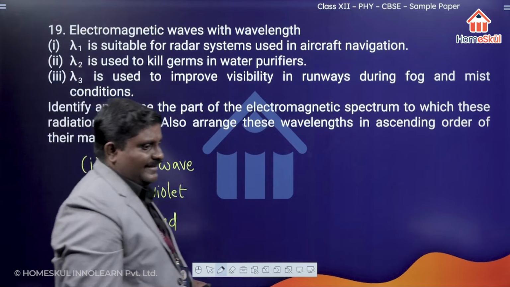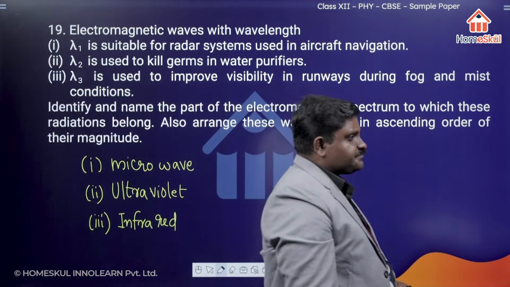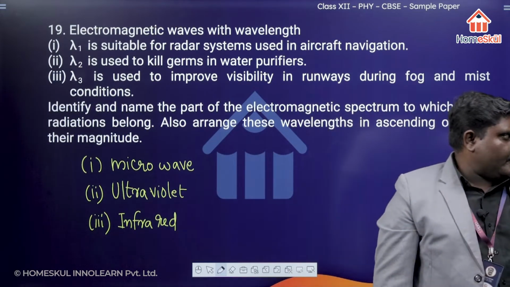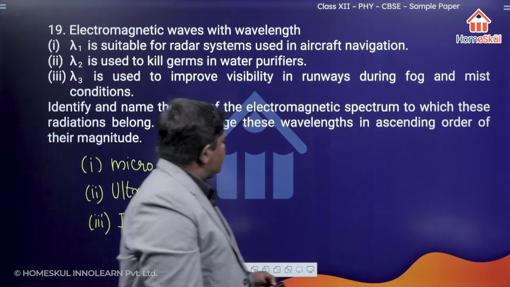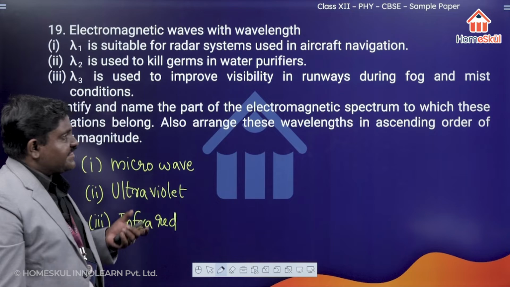Now we have to arrange these wavelengths in order. Which order is that? Ascending order.